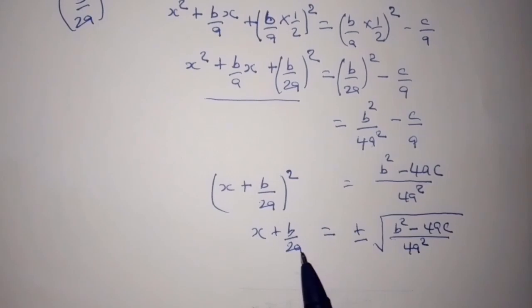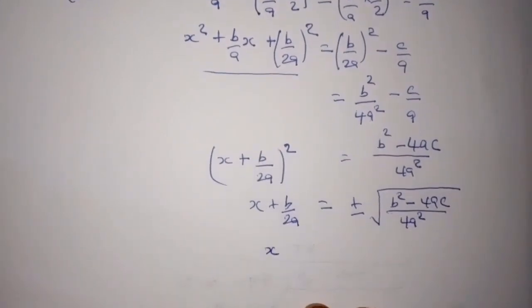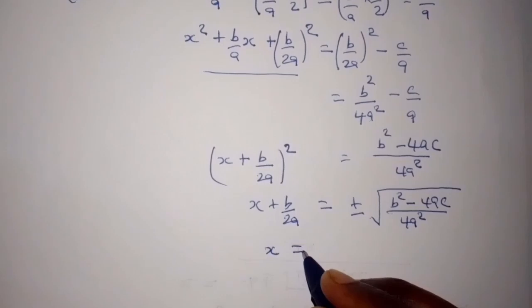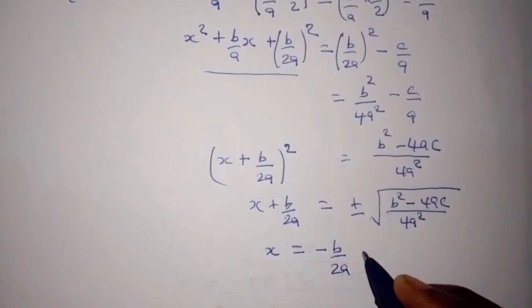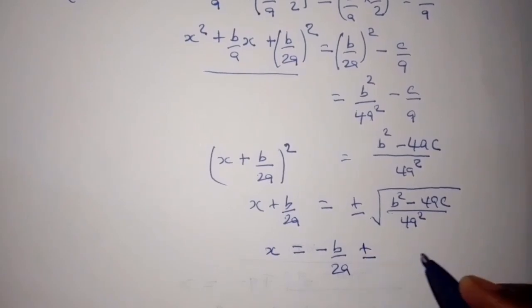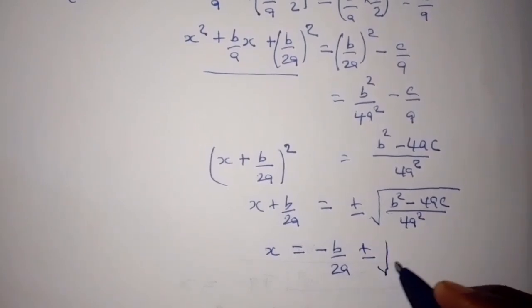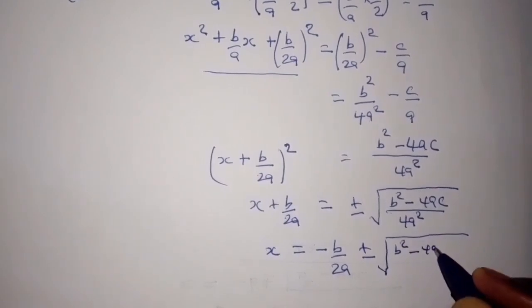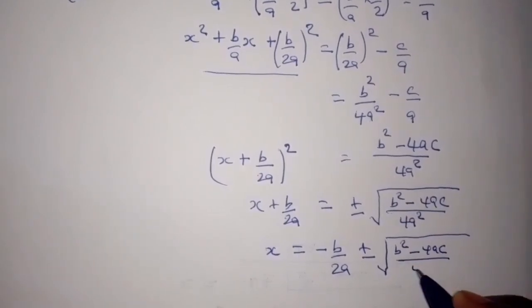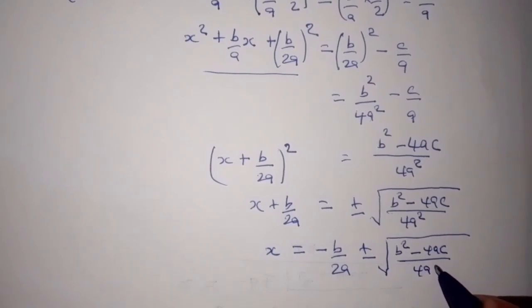Then now we can take b over 2a to the other side, it becomes negative b over 2a. So we can say that x is equal to minus b over 2a plus or minus square root of b squared minus 4ac over 4a squared.